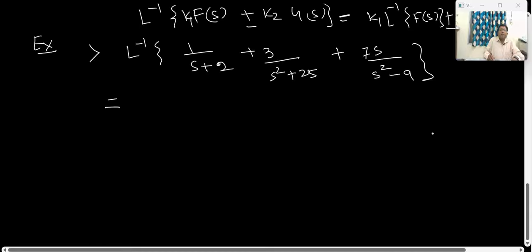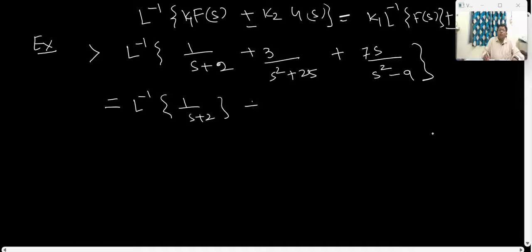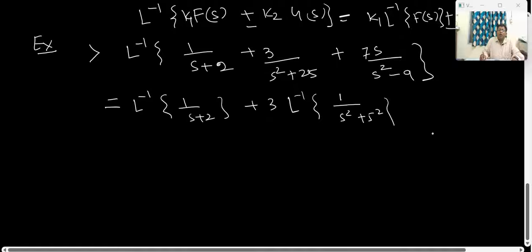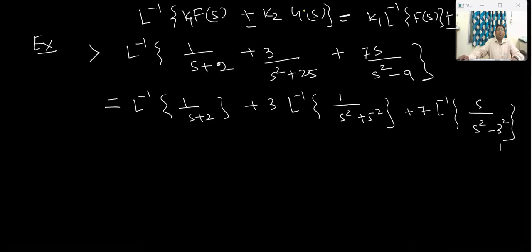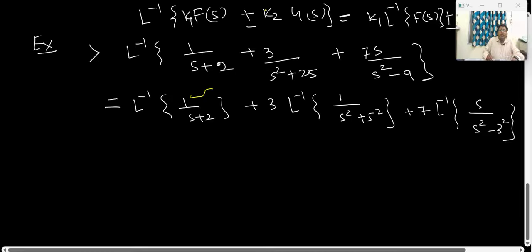So this is L inverse of 1 by s plus 2, plus 3 taken out, L inverse of 1 by s square plus 5 square, and plus 7 taken out, L inverse of s by s square minus 3 square. Now you recall the formula, just see the formula table. This will be directly read. It is e to the power minus 2t, and here a little bit of adjustment is needed.